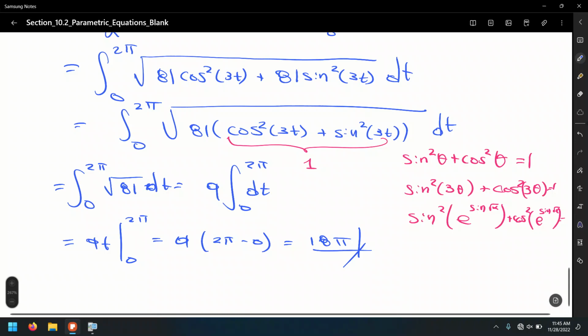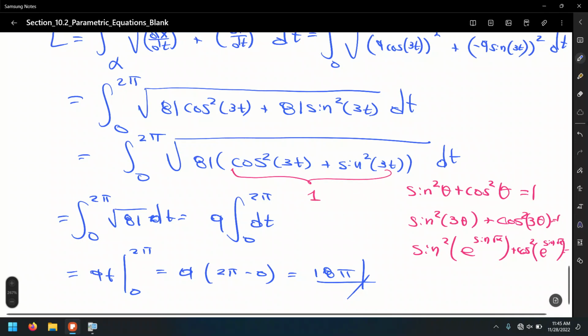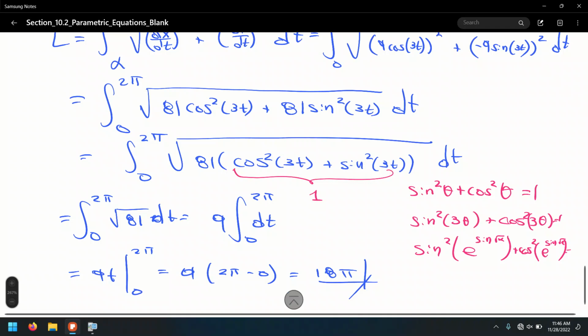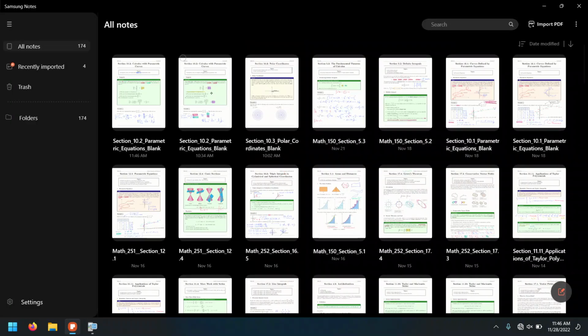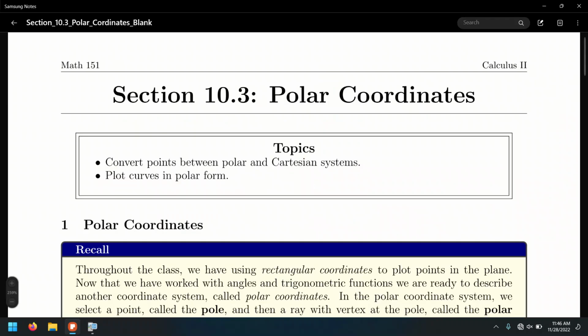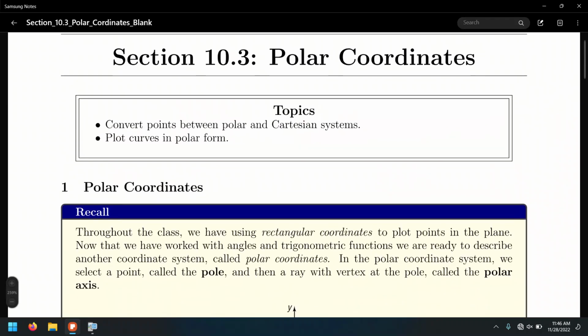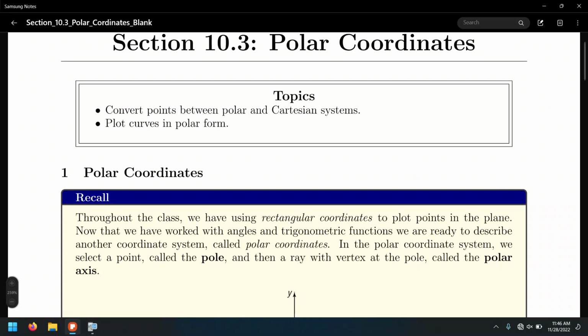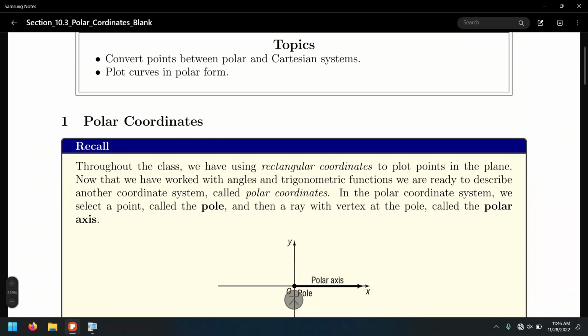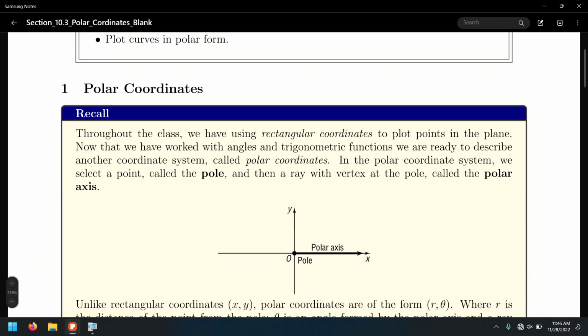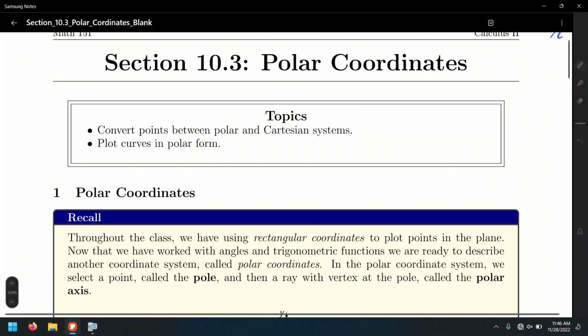All right, guys. So, we have 5 minutes. Let me briefly discuss what the polar system is about. Of course, we're going to go more in depth next time, but essentially, what we're going to do in the polar system is describe a point.